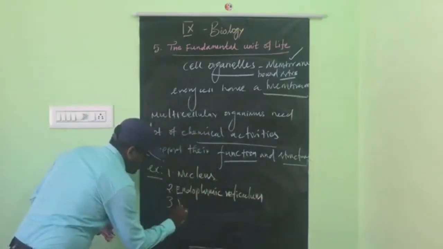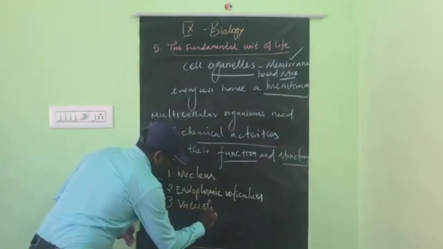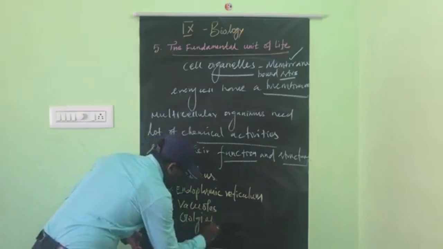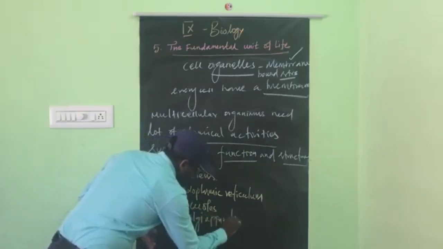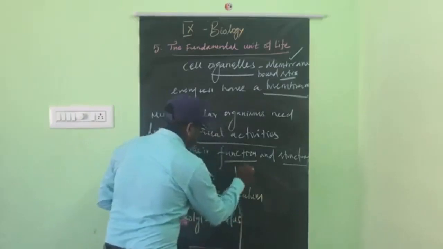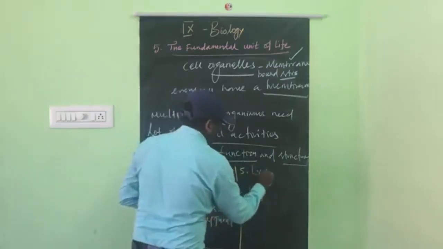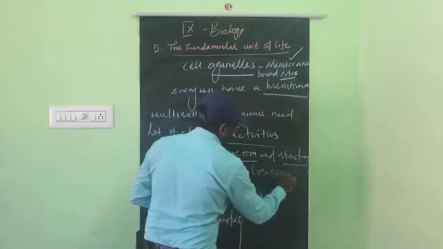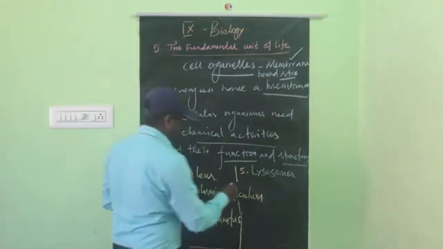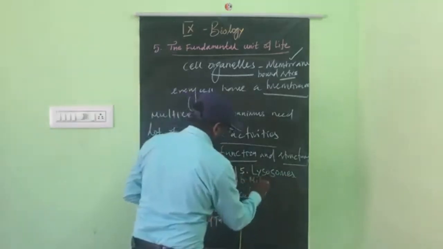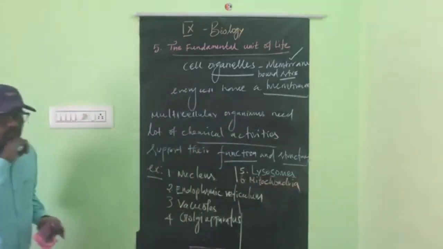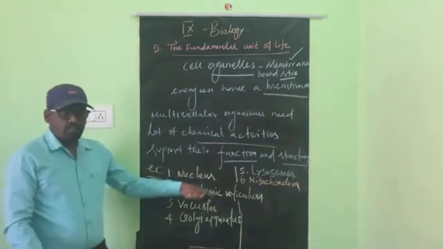The third is vacuoles, and the fourth one is the Golgi apparatus, and the fifth one is lysosomes, and the sixth one is mitochondria. So these are some examples of cell organelles.